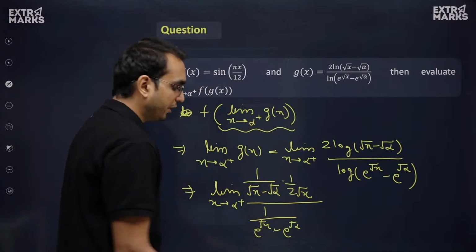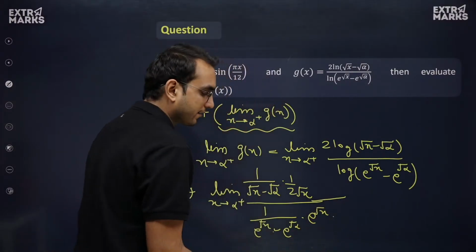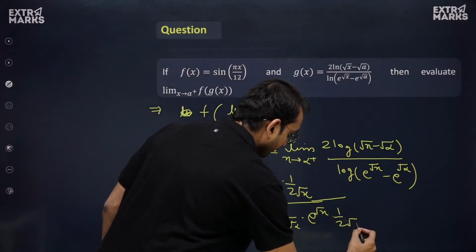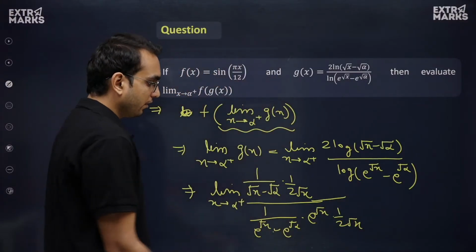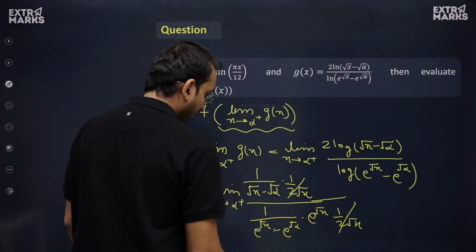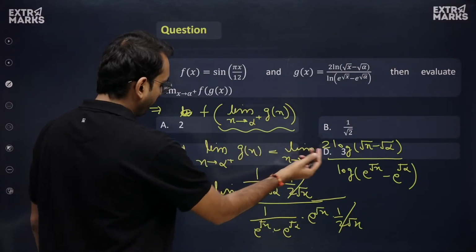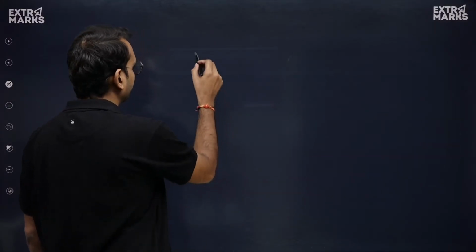Now differentiation of e to the power root x is e to the power root x. Now differentiation of root x is 1 upon 2 root x. Chain rule. So this expression gets cancelled with this. Now what is left is, and there were some options, 2, 1 by root 2, 1 by 2 and 3.